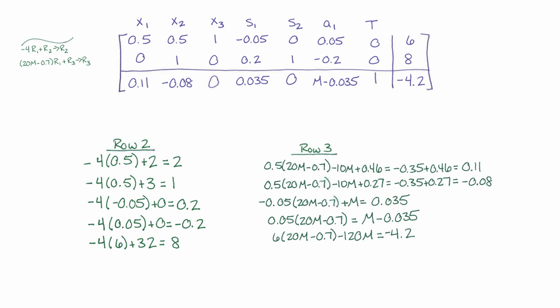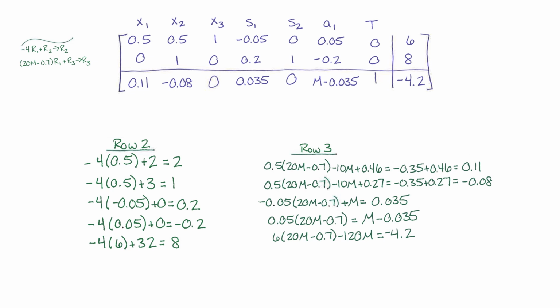And for row 3, I'm going to use the command 20M minus 0.7. I'm going to multiply that by R1 and add it to row 3. And that's going to give me 0.11, negative 0.08, 0, 0.035, 0, M minus 0.035, 1, and negative 4.2.